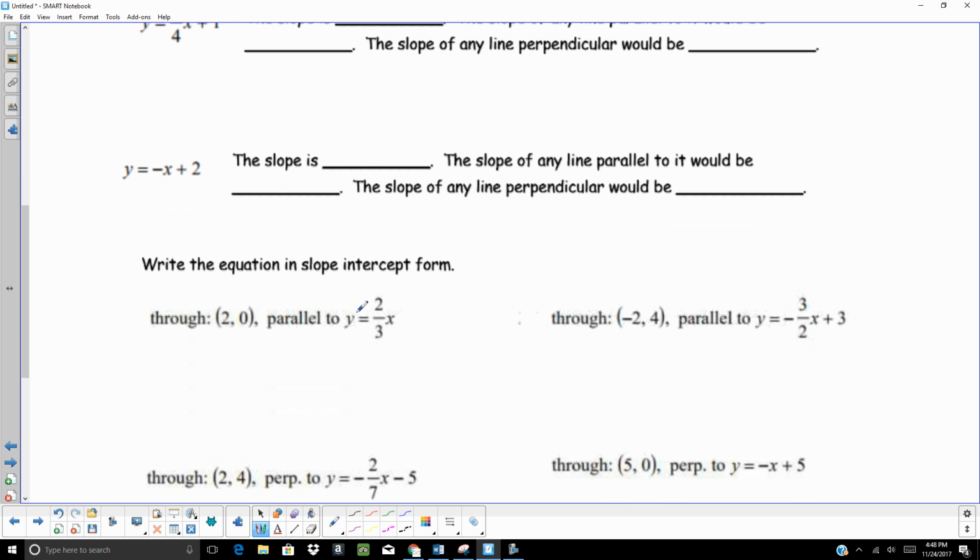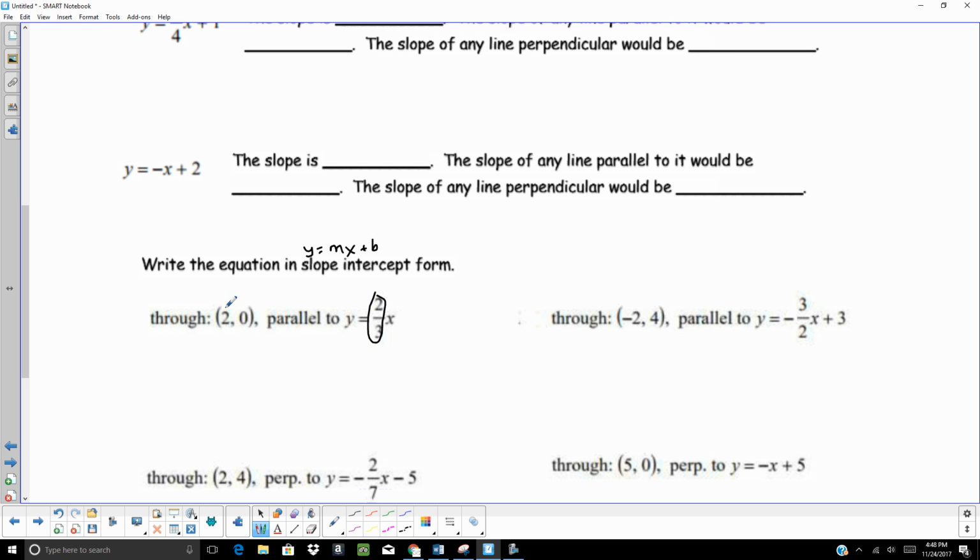So here I want to write an equation in slope-intercept form. So I need to make it look like y equals mx plus b. And it needs to be parallel to 2/3.